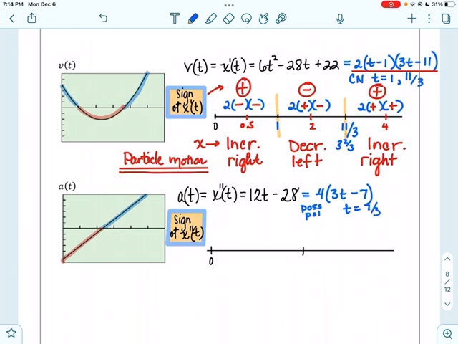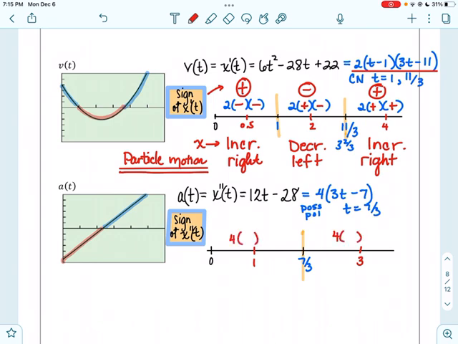So I'm going to put that on the number line, and we're going to test for the sign of the second derivative. So I'm going to put test points in here. 7/3 is 2 1/3, so I can put a 1 here, and then I'll put a 3 on this side. So then with the test points, testing the sign of the acceleration, the second derivative. If I put a 1 in for t, I get 3 minus 7, which is negative.